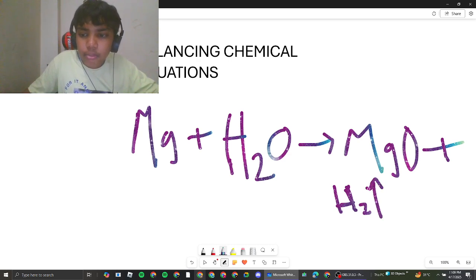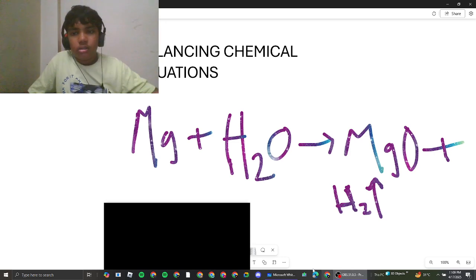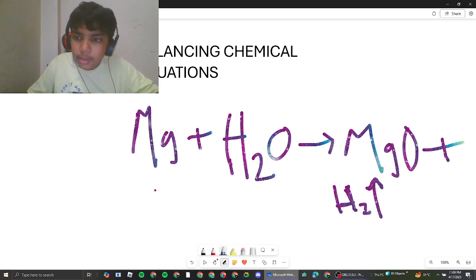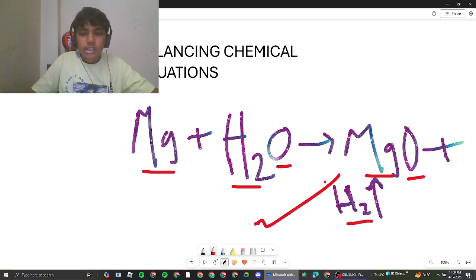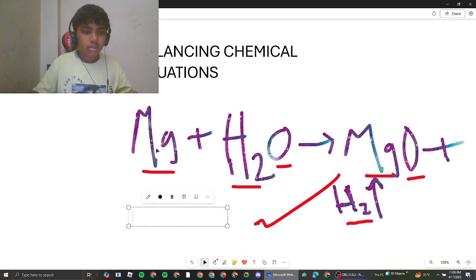But the arrows are important in this case. Just focus on the atoms. So look, Mg equal, one atom equal. H2, two atoms equal. O. So guess what? This equation is already balanced.